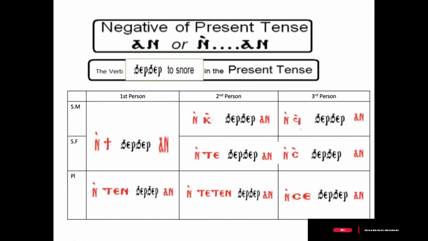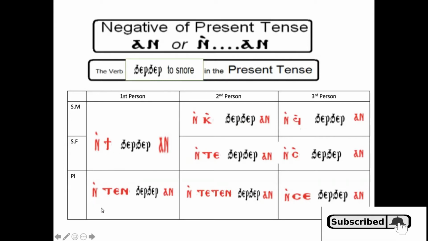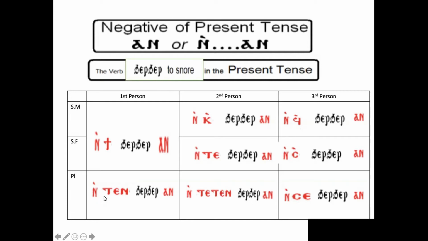I do not snore. One more time. In, t, khair, on. If I want to say we do not snore, I say in, tin, khair, on.